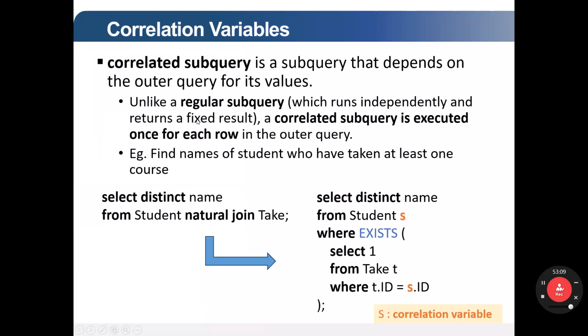Right. Now correlation variable. We have a verbose slide with a lot of text. So let's read it. Maybe I will give you 30 seconds to read.